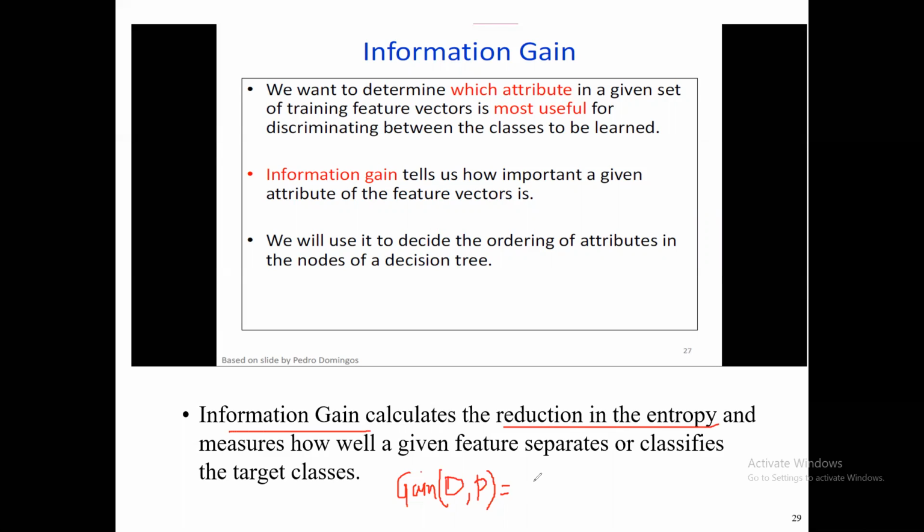So how we do it is measure the entropy of the decision and subtract from it the expected entropy of patrons.